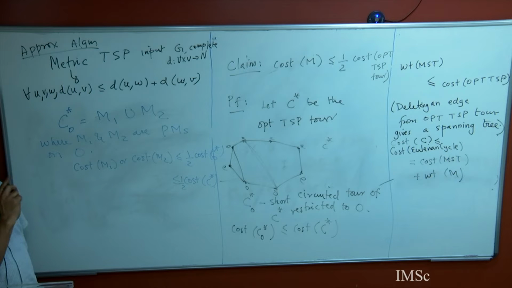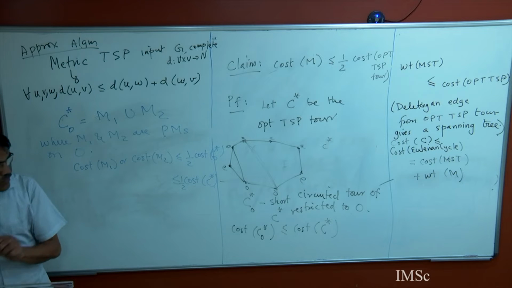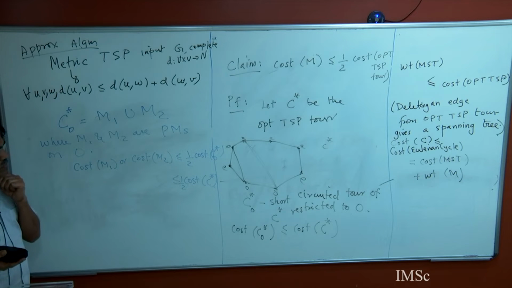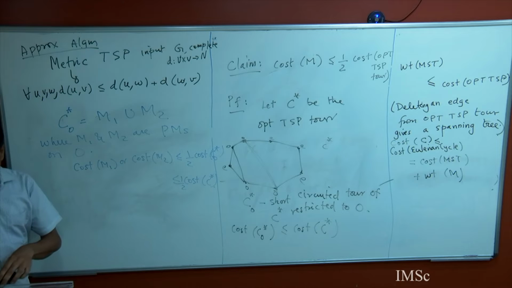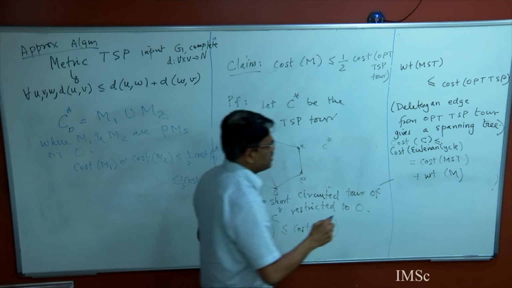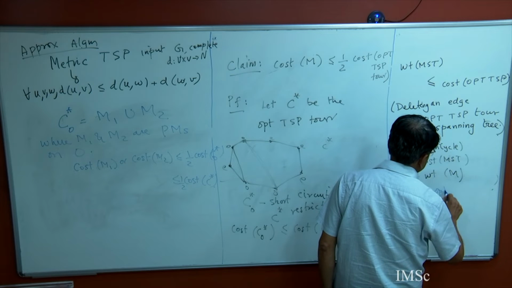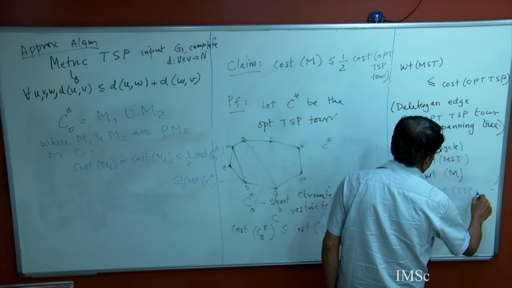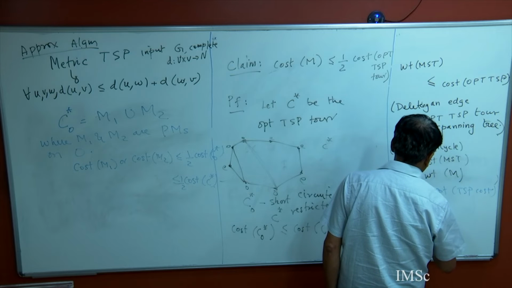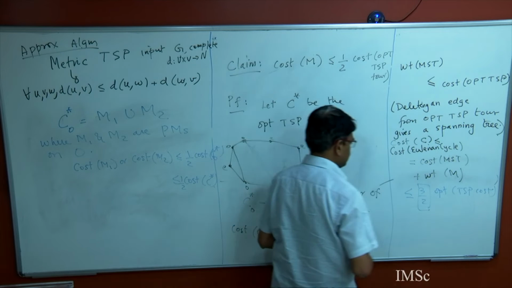So let me just say the completed tour is at most 3 by 2 times opt TSP cost. So this ratio now is 3 by 2.